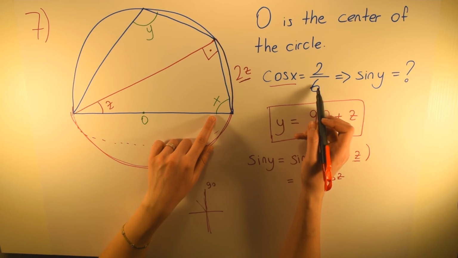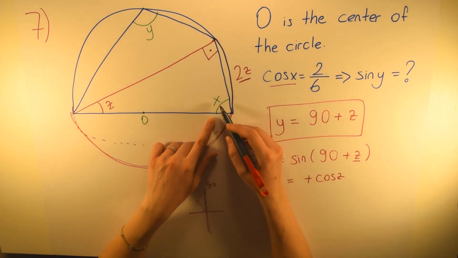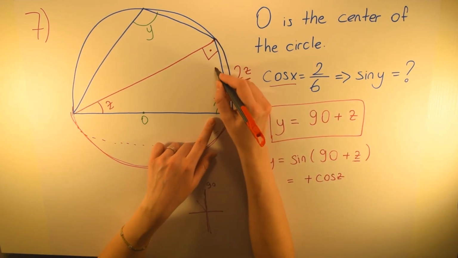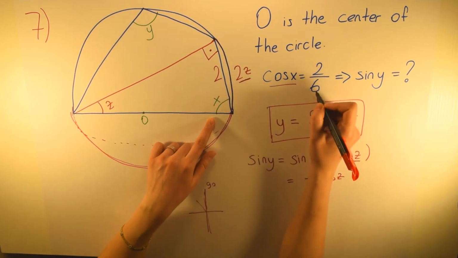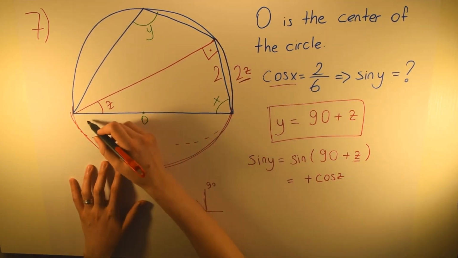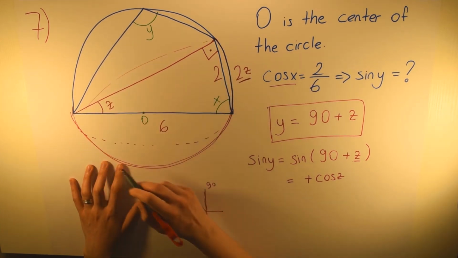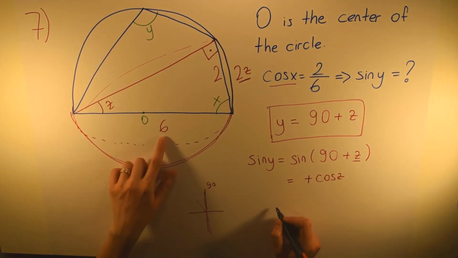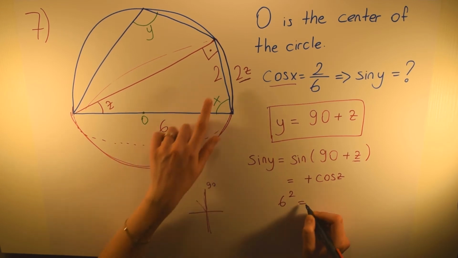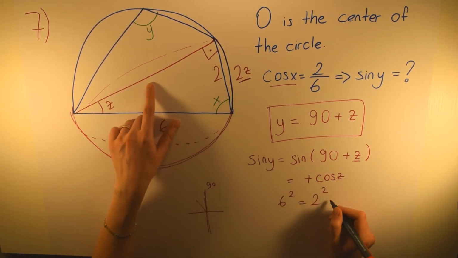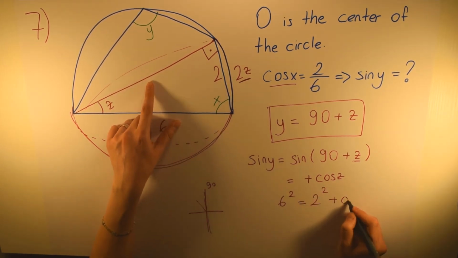Cosine is the adjacent side over the hypotenuse, right? Our hypotenuse is here, which is equal to 6. So I can find the value of this side. It will become 6 squared is equal to 2 squared plus, let's say, a squared.